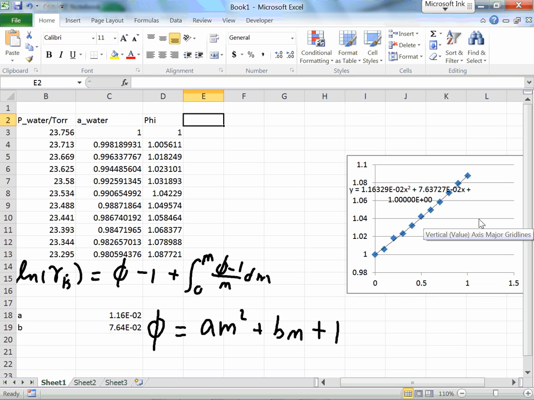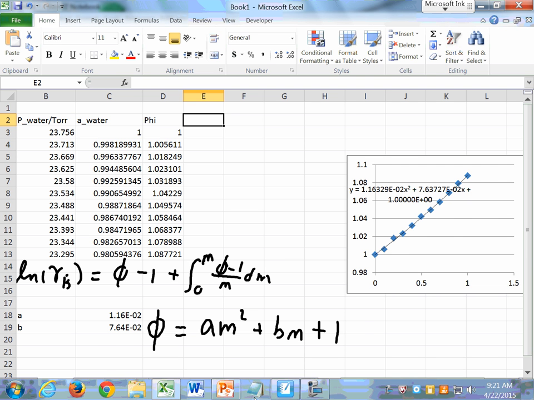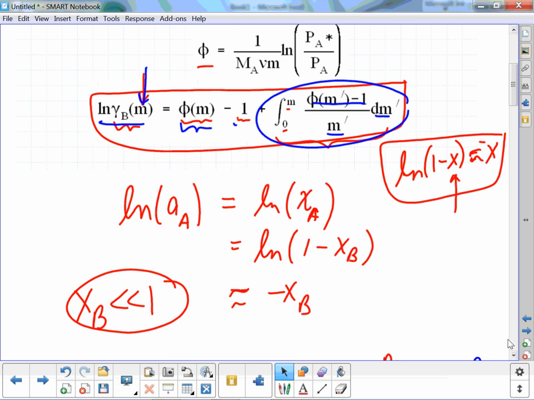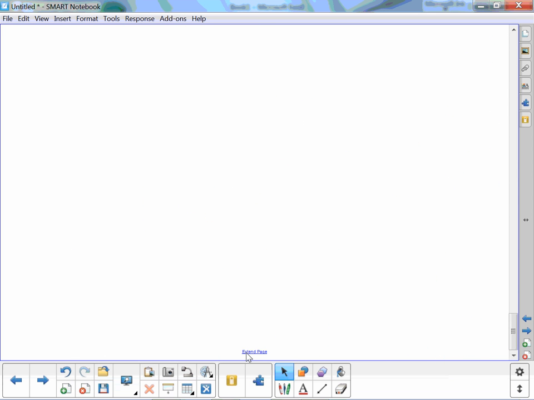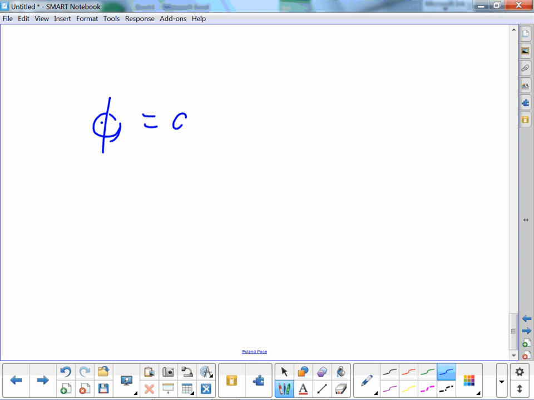How do we calculate ln gamma? It's phi minus 1 plus this expression right here, right? So let's go back. Let's say, what if our phi is equal to am squared plus bm minus 1? What would this integral be?